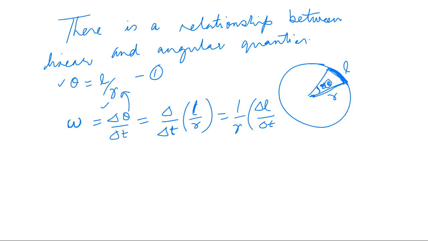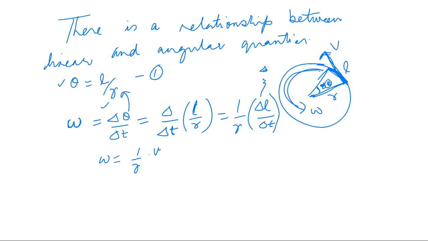Now delta L is a replica of delta x or delta y. It's a displacement. So we can simply write omega, the angular velocity, as 1 over r multiplied by v, the tangential velocity. The velocity v is the linear velocity, while angular velocity is towards the circle. It's central to it; it curves in, while the tangential velocity, which is a linear velocity, is always tangential to the circle or to the arc.